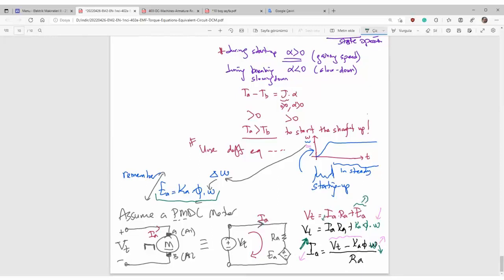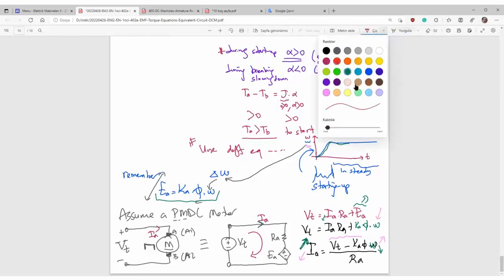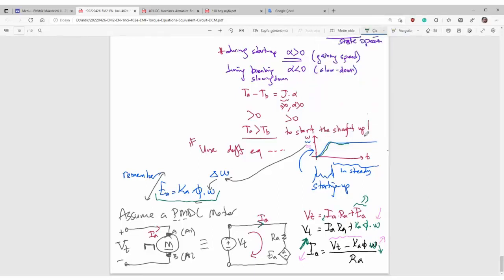That means when you gain speed, current will be down. Let me write it down here. Current first rises and then gets smaller. That is the armature current, the green one. Current will change.